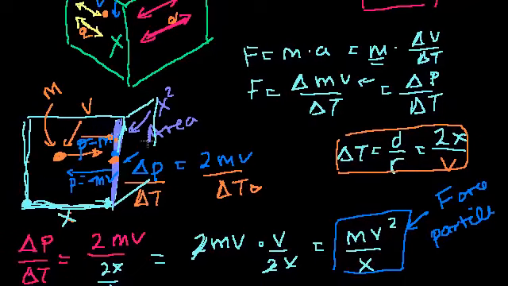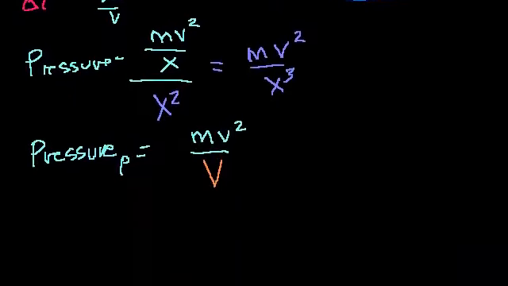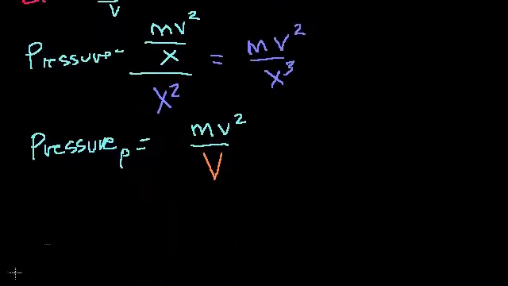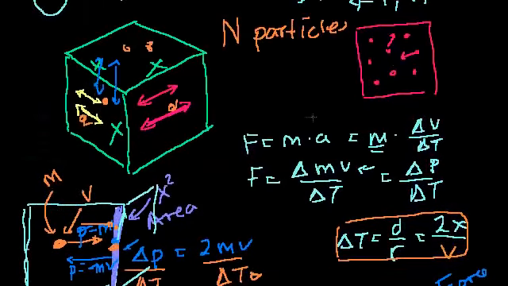So if I have n total particles, n over 3 are going to be doing exactly what this particle is doing, right? If I wanted the pressure from all of the particles on that wall, the total pressure on that wall is going to be from n over 3 of the particles. The other particles aren't bouncing off that wall, so we don't have to worry about them.